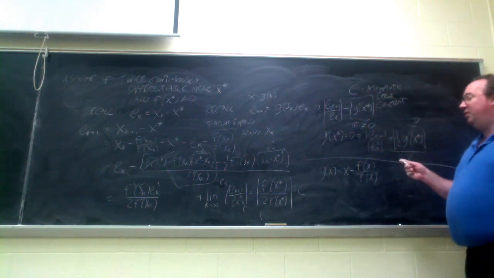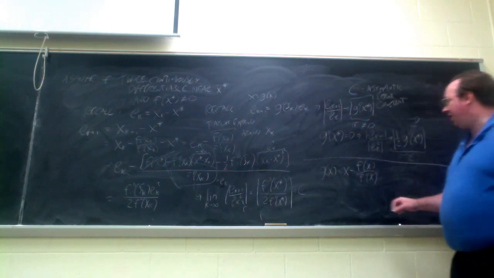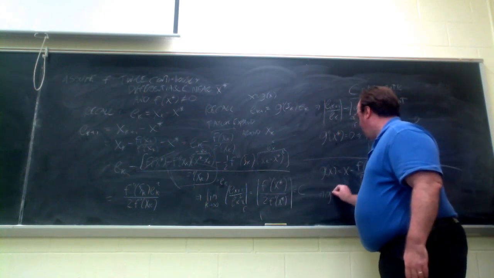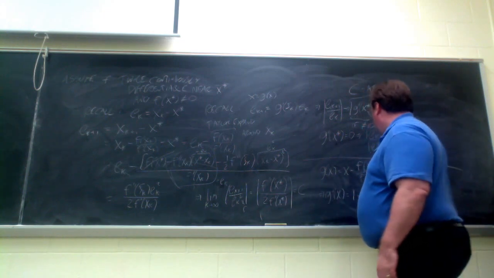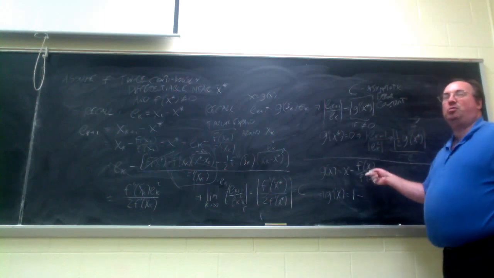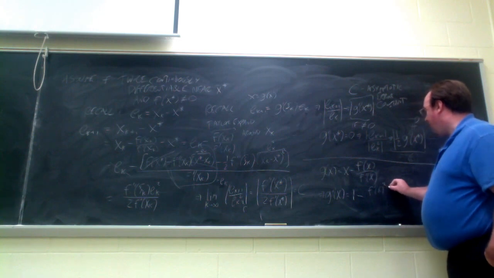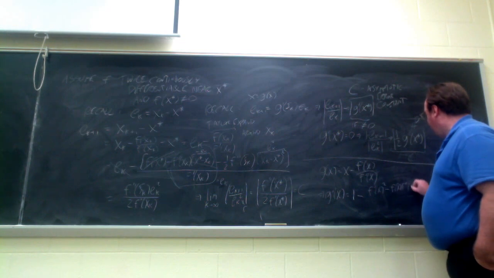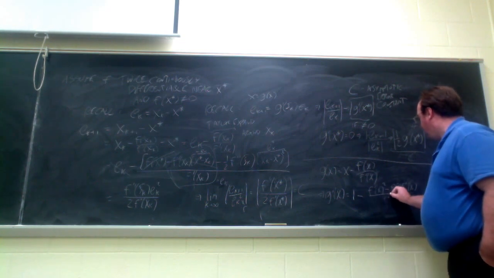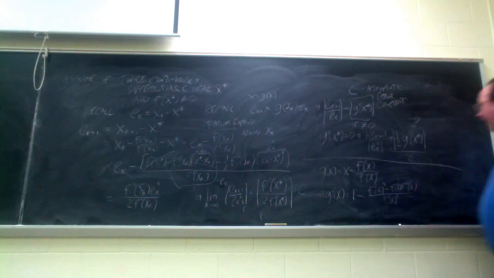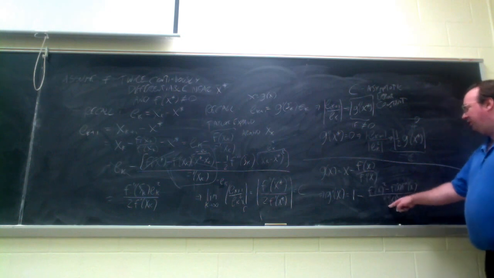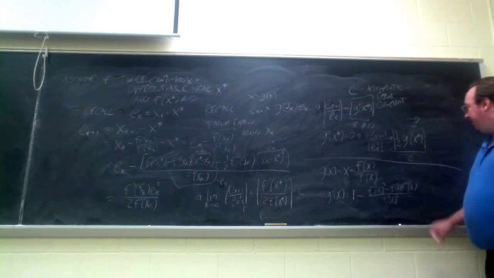Let's compute g prime. g prime is 1 minus, and unfortunately you have to use the quotient rule for this, f prime squared minus f double prime all over f prime squared. And once again, you can simplify this a ton because you have f prime squared over f prime squared, which gives you 1. So there's a lot of cancellation again.